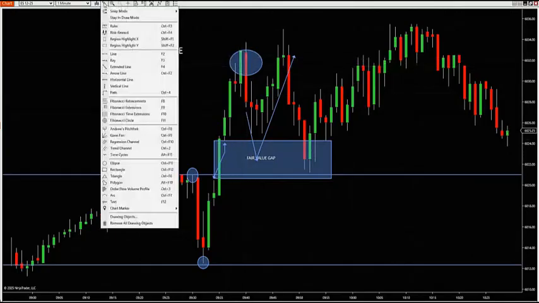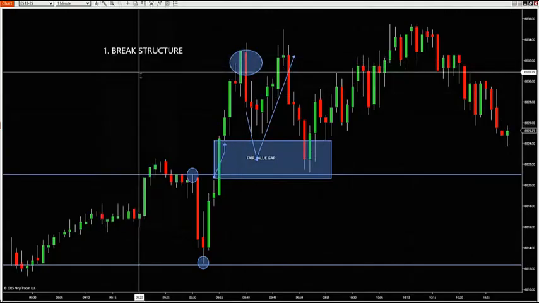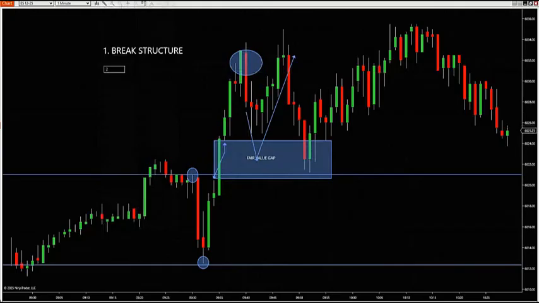So the one is breaking structure. Two, you got to find the fair value gap. Find the fair value level. This is a 3-candle sequence. A fair value gap is a 3-candle sequence.